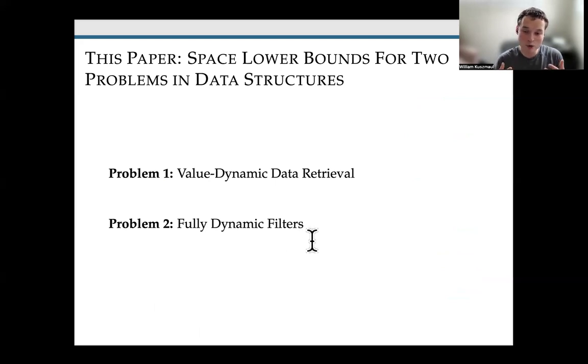And what's going to be kind of cool is that actually this problem is going to follow a storyline that is both in some ways very similar, but in other ways kind of different from what we saw for the retrieval problem. And once again, our main result's going to be a lower bound, and it's going to turn out that this lower bound actually uses very similar techniques to what we used just a moment ago for the retrieval problem.